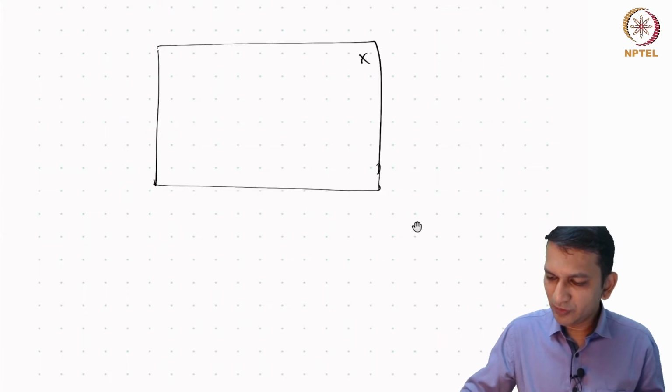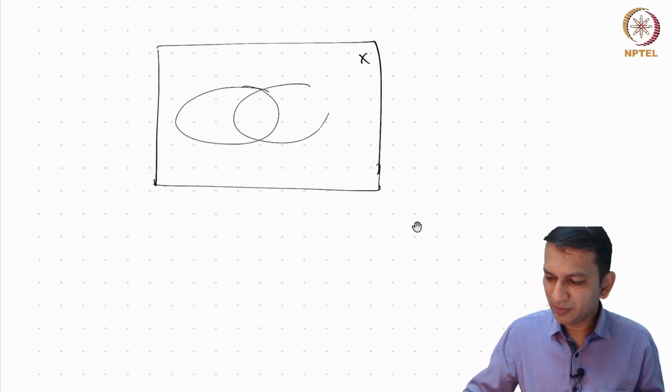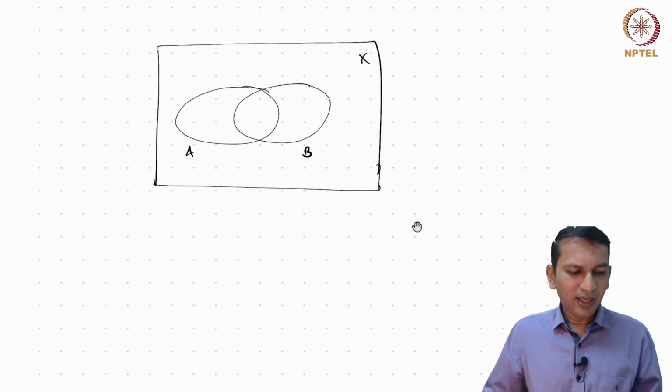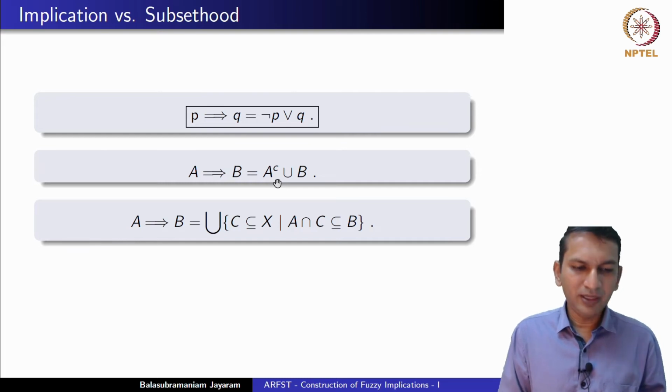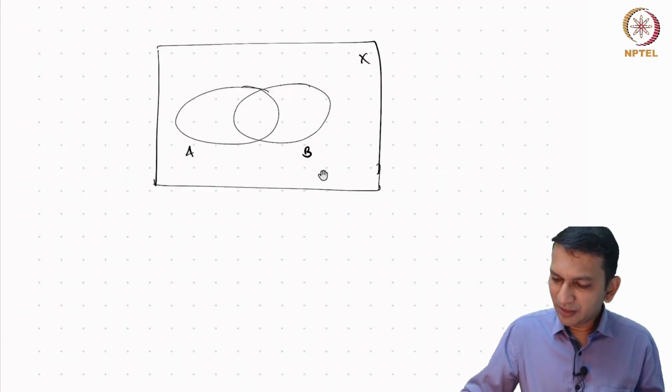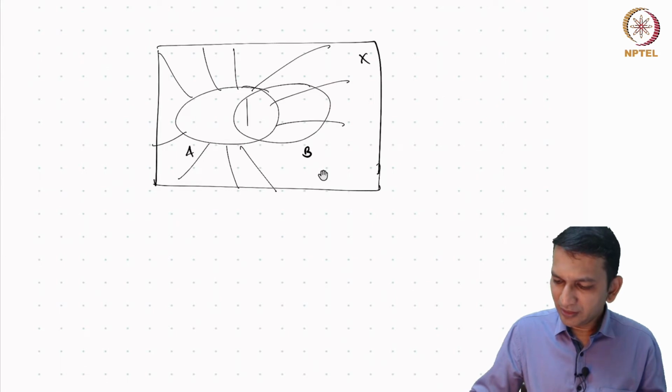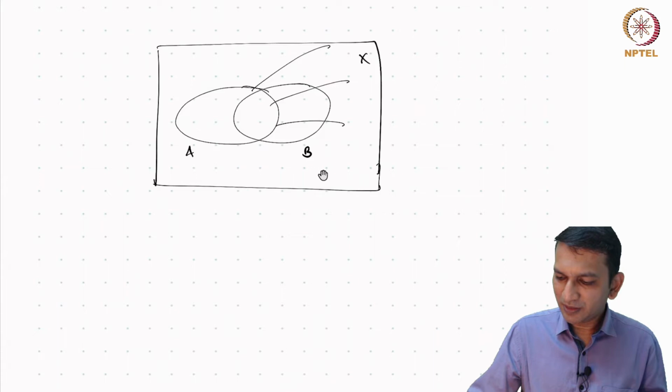So this is my universal set X. Now, this is my A, and let this be my B. If you go by the first formula, A implies B is equivalent to A complement union B. Essentially, A complement contains everybody outside of A. Union B, that is this. So the only part that is not considered is this part.